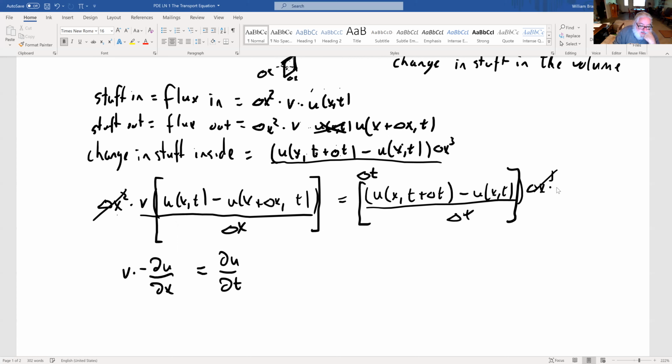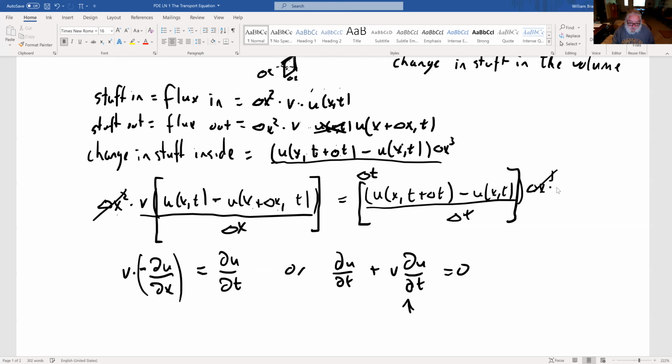And this actually comes with a minus sign because I've got them backwards, u of x comma t minus u of x plus delta x comma t. And so the du/dx term, this is saying stuff flowing in minus stuff out.